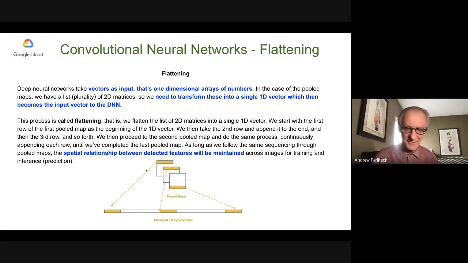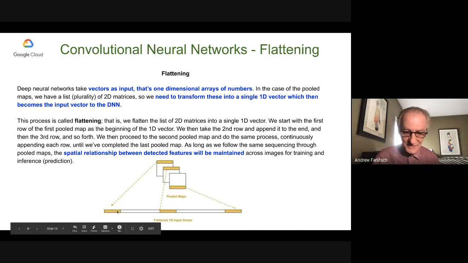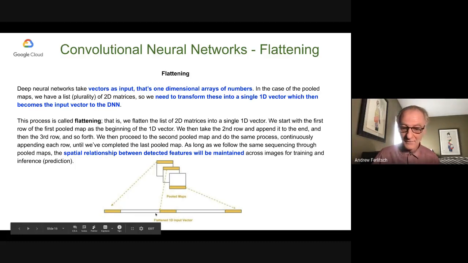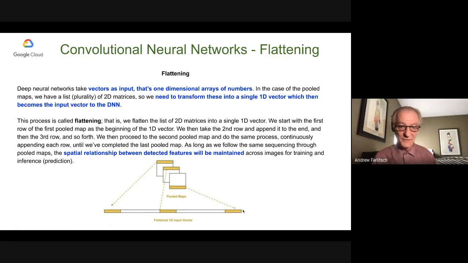Essentially, it's the same thing. We start with the first feature map and we flatten it. So it's going to be here. And we take the next feature map and we just flatten it right behind it. And we keep repeating that until the last feature map. So we end up having this long, flattened 1D input vector. And that is what we're going to input into the deep neural network for classification learning.